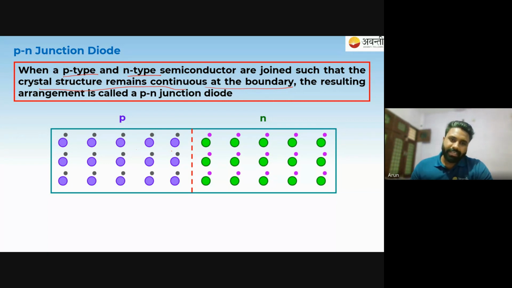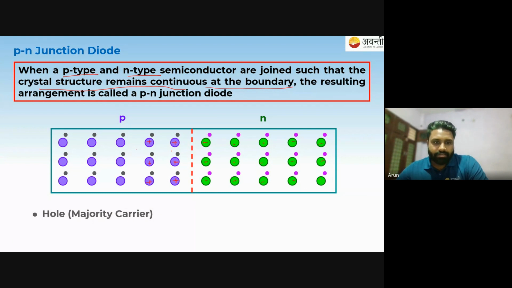Now the impurities. In p-type semiconductor, the impurity will be plus, because there will be a vacancy, aluminum, a trivalent impurity, and in n-type semiconductor, this impurity will be negative. These are the negative ions, but they have excess electrons themselves. Here holes are the majority charge carrier, and you can take this color.